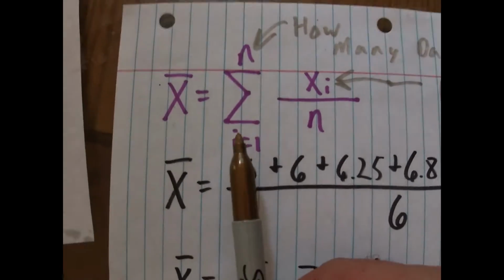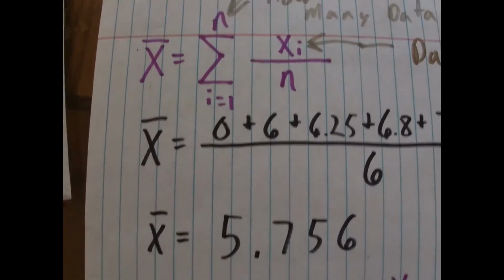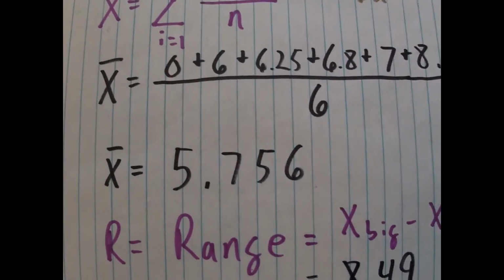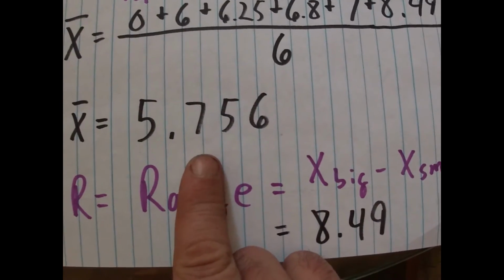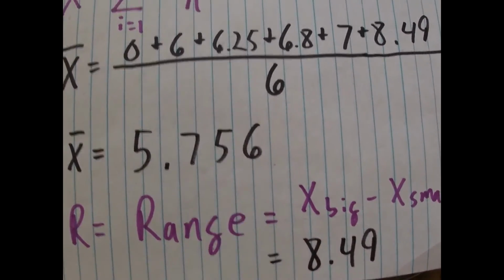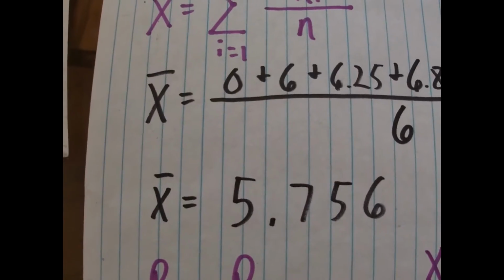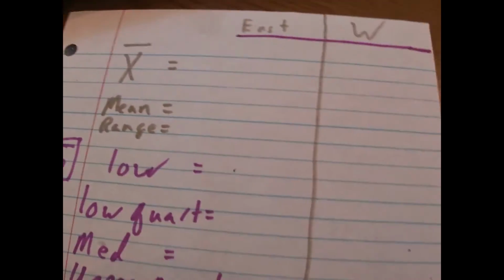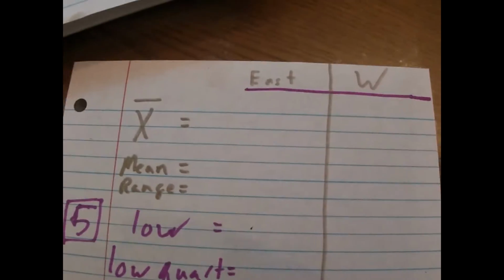That's a sum. That's what that sigma means. Now when I did all that, I came up with a number of 5.756 for X bar. And so that means the mean is 5.756.